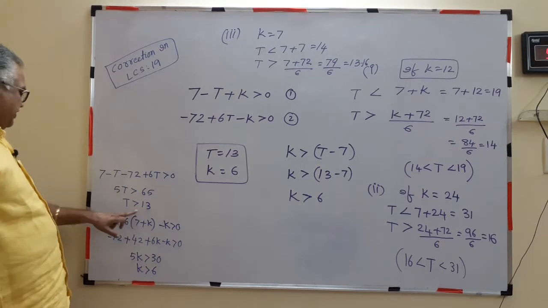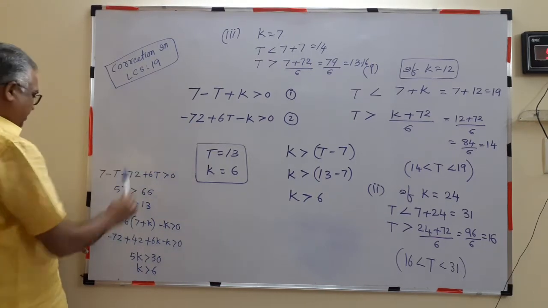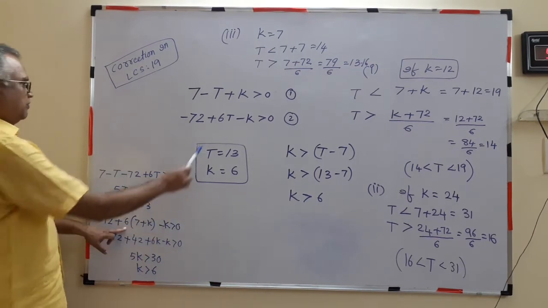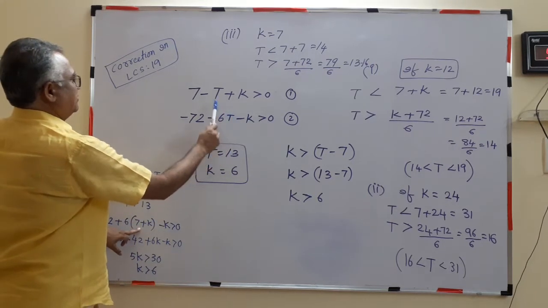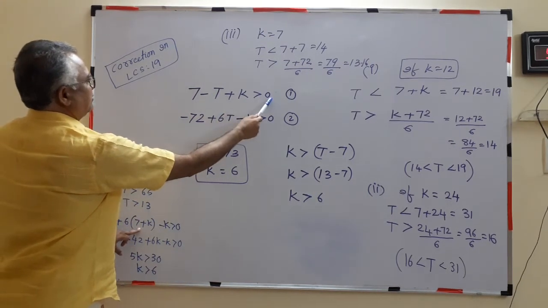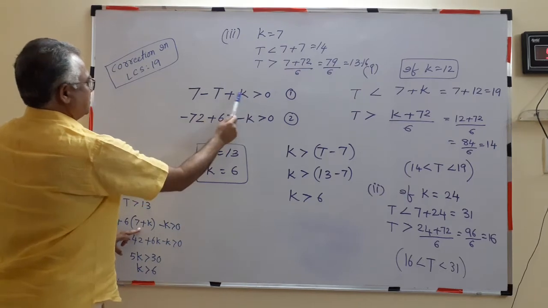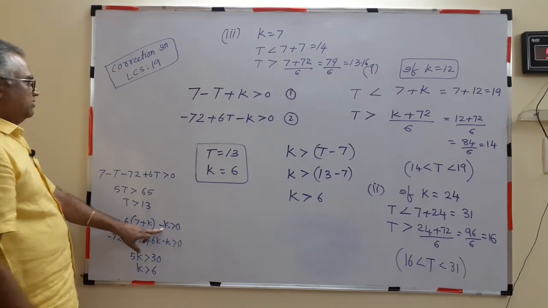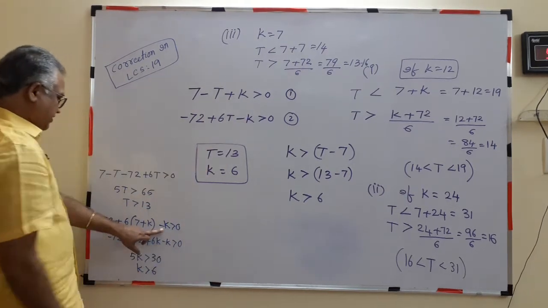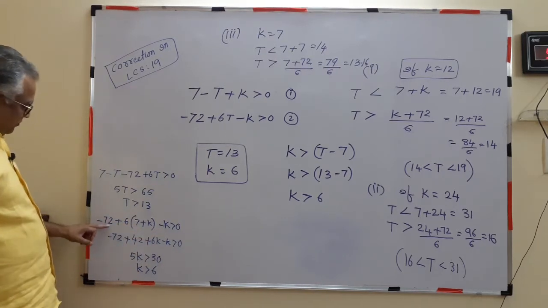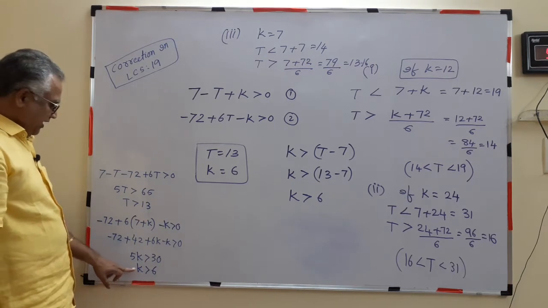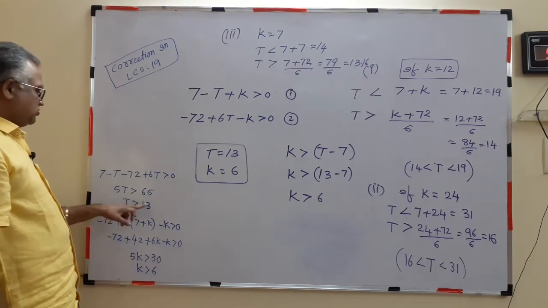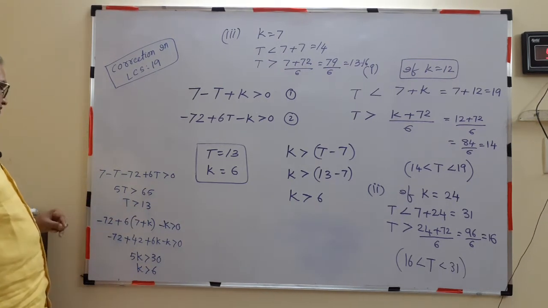Now in terms of k, minus 72 plus 6 times this t, if t is coming this side, 7 plus k, then minus k greater than 0. Now simplify, you are getting k greater than 6. K greater than 6, t also greater than 13.